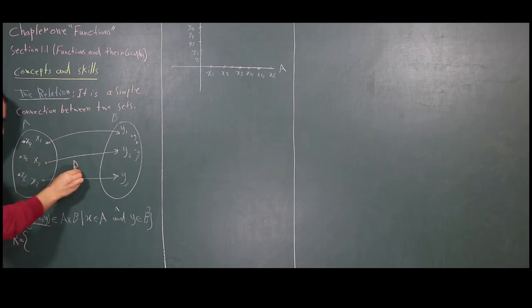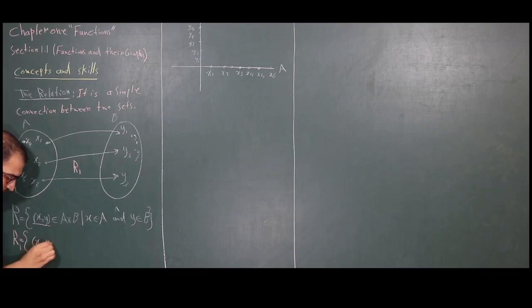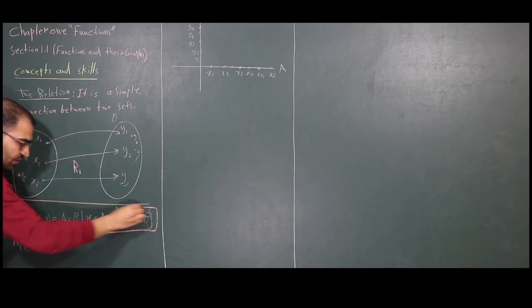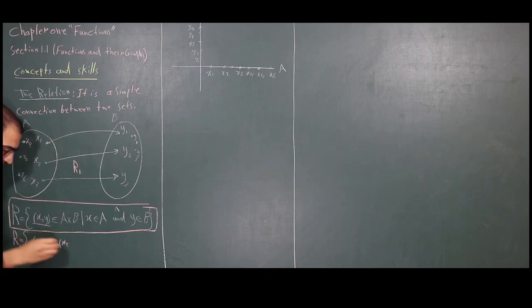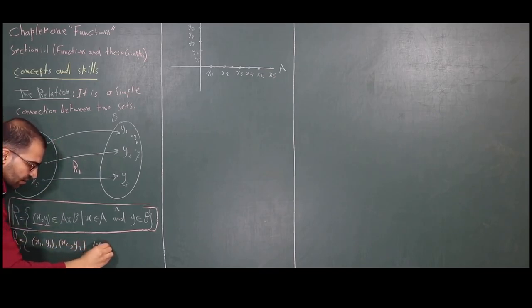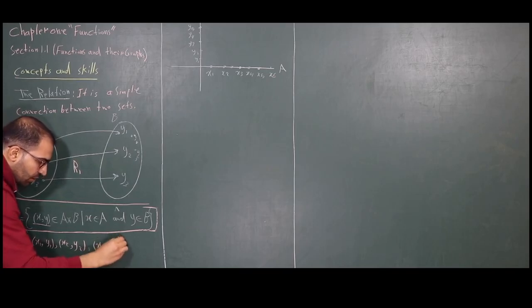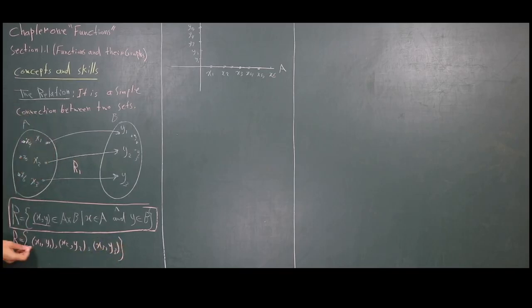So R1 will be x1 connected with y1, x2 with y2, and x3 with y3. So this relation has three ordered pairs.